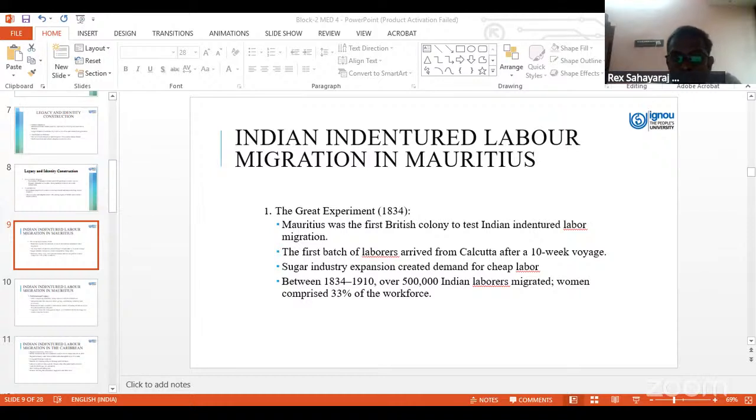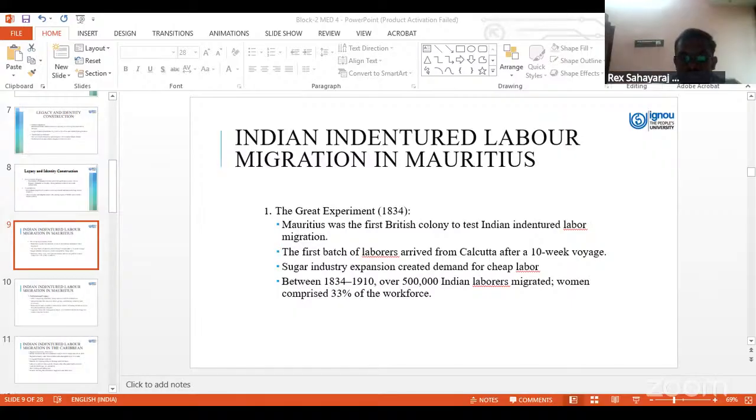In the case of Jamaica, the first batch of 261 Indians arrived in 1849. So after the experiment in Mauritius, the other countries were eager to take Indian people as laborers.